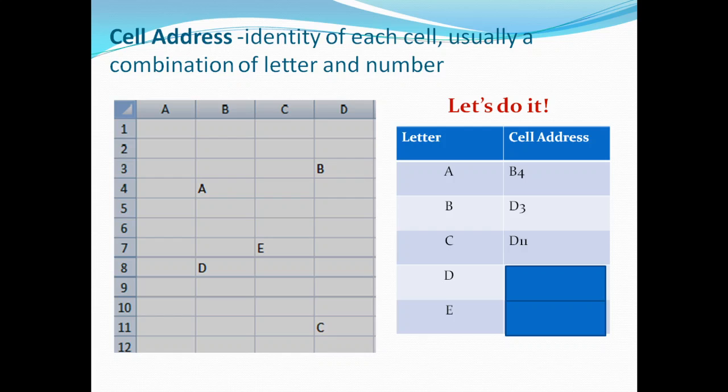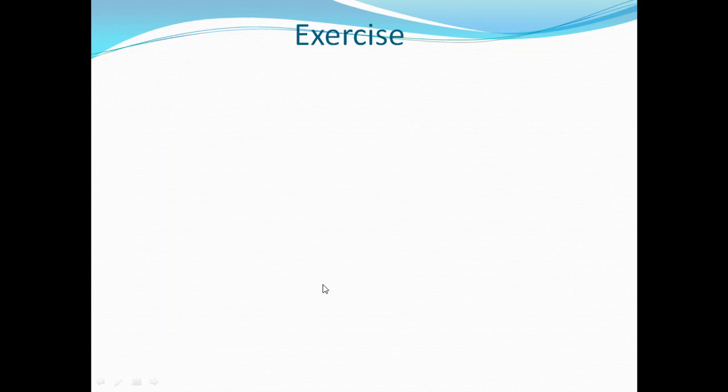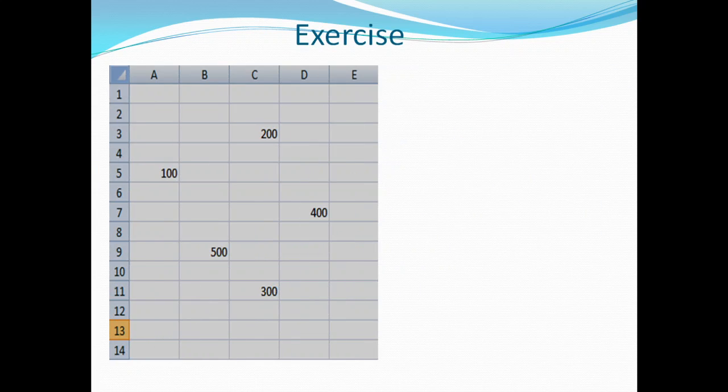C, cell address D11. You can see it's D11, and alphabet D is B8. And last is E. So E is C7.